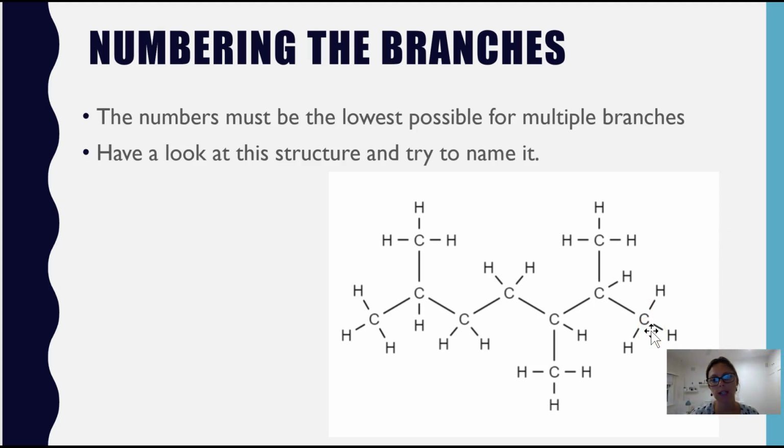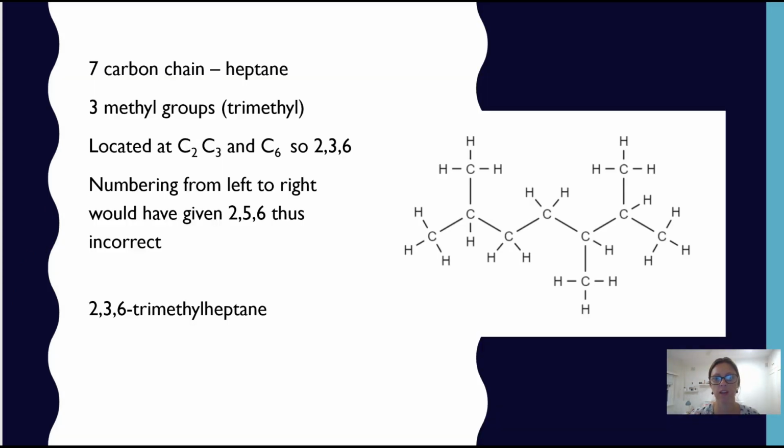And that being the case, we're going to have our 2, 3, and 6 trimethyl. 1, 2, 3, 4, 5, 6, 7 heptane. Did you get it right? So 236 trimethyl heptane.